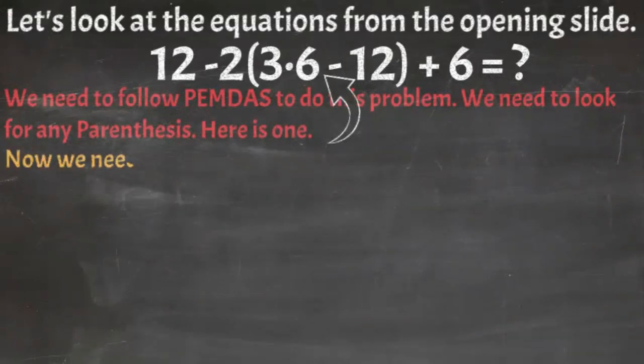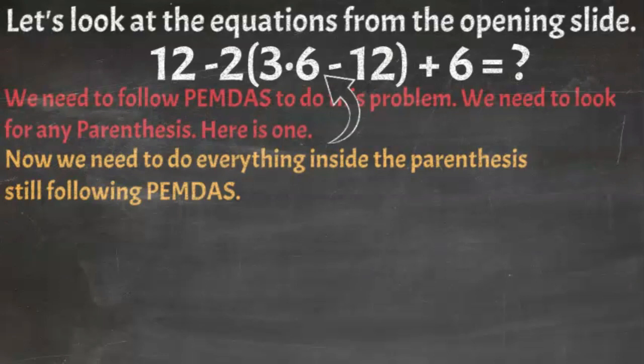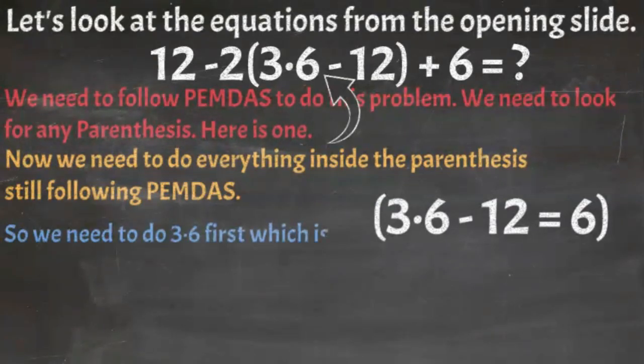Now we need to do everything inside the parentheses, still following PEMDAS inside the parentheses. So we get 3 times 6 minus 12 is equal to 6. 3 times 6 is 18, and then we subtract 12, which gives us 6.